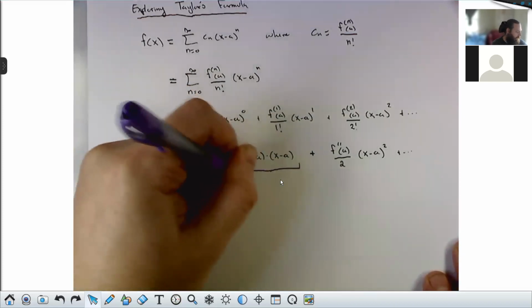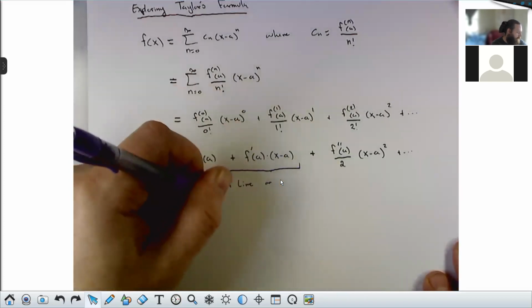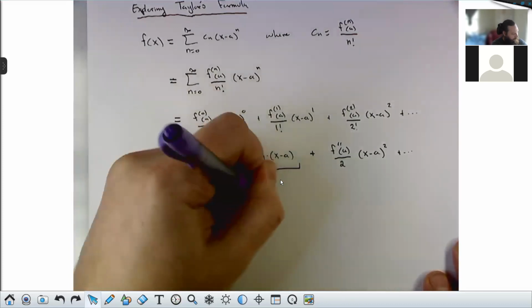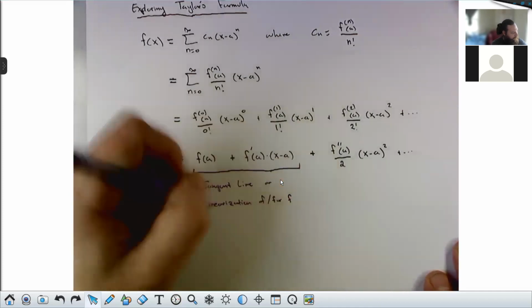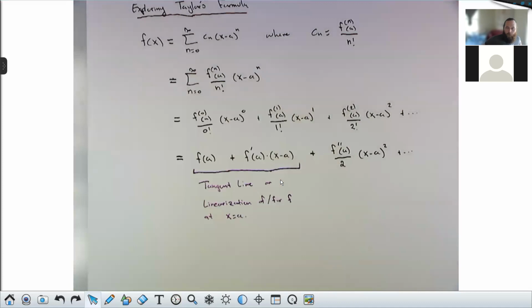This is the tangent line, or another word is linearization of f at x equals a. The first two terms of any power series are the tangent line.